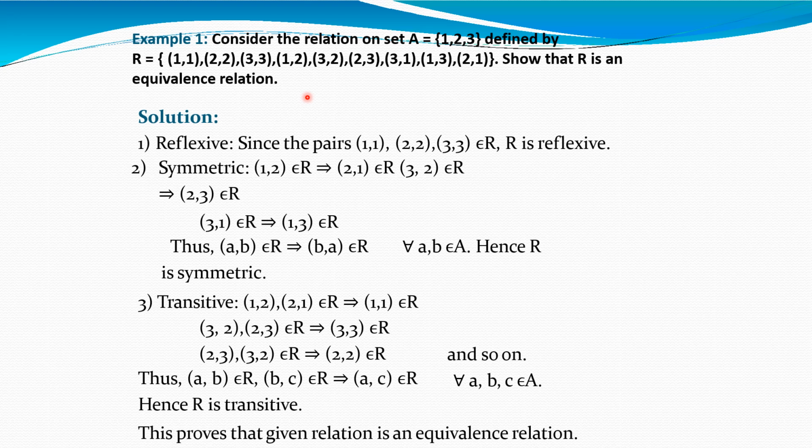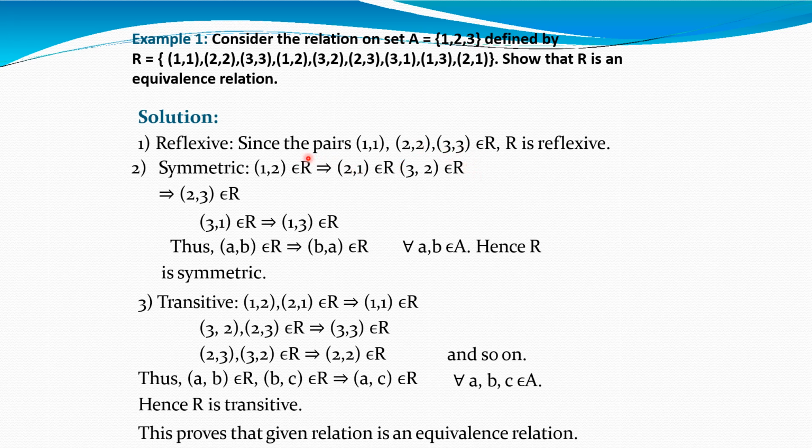So just check the pairs (1,1), (2,2), (3,3). Are they present in R or not? Now see, (1,1) is present in R, (2,2) is present in R and (3,3) is present in R. So we are not interested in the remaining pairs for reflexivity. Just check (1,1), (2,2), (3,3). So all these pairs are present in R and hence the relation is reflexive.